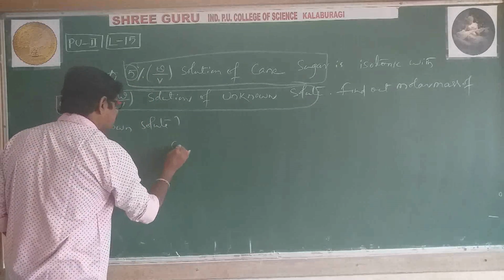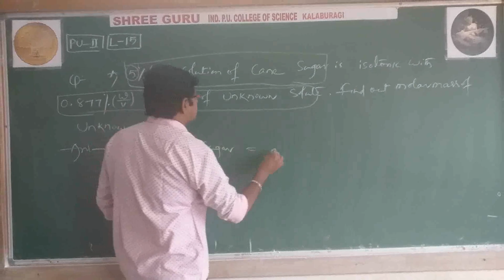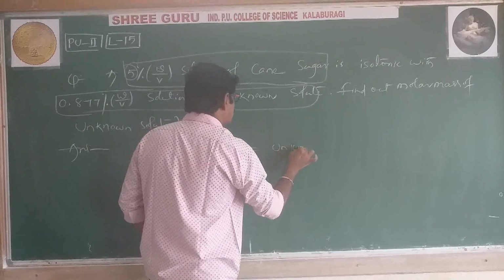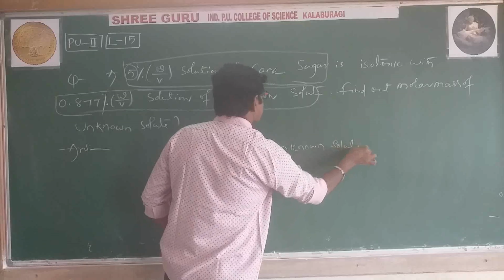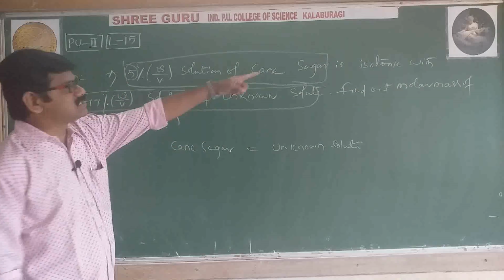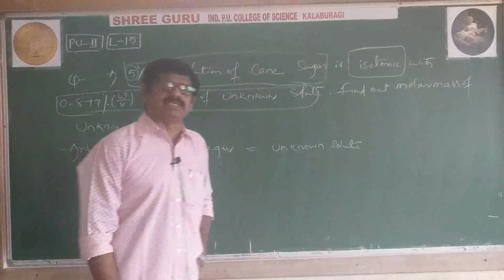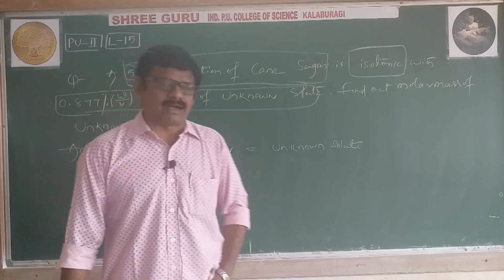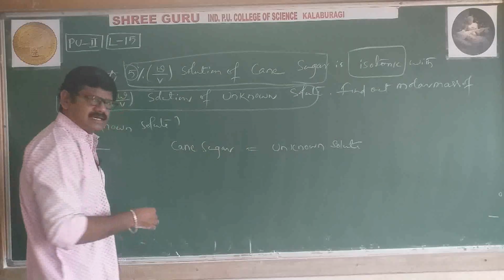That's why, what I am doing: one is the cane sugar and another one is the unknown solute. Here they are isotonic. The important point is they are isotonic, meaning both osmotic pressures are same.